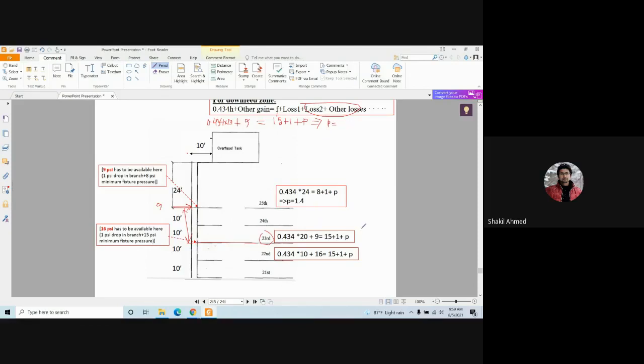This is 0.434 into 20 plus 9 equals 15 plus 1 plus small p.